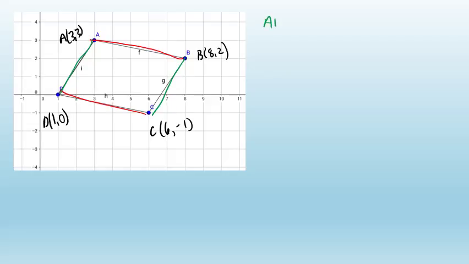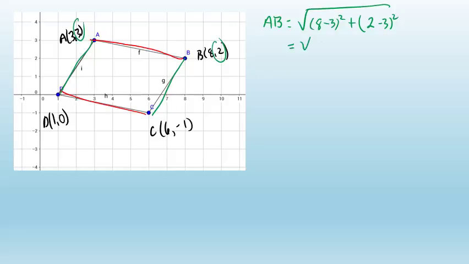AB is going to equal the square root of, and I'm going to use B as the 2 coordinates, 8 minus 3 squared plus, using the y coordinates, 2 minus 3 squared, square root of that.